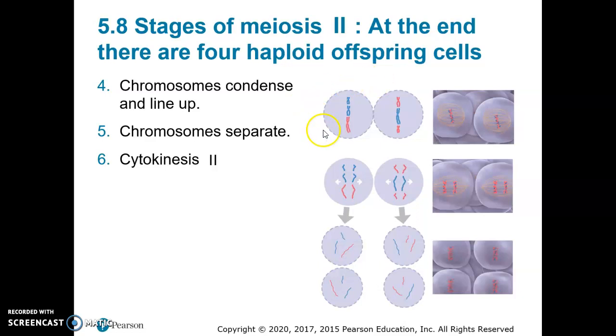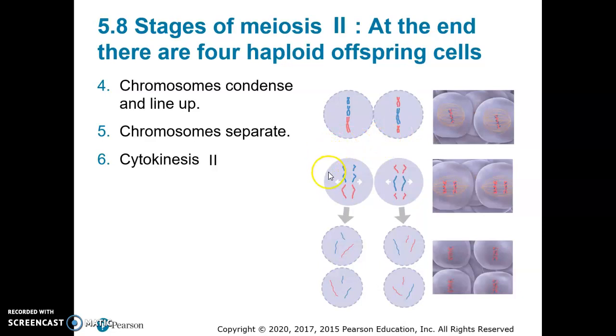So here's metaphase 2. Chromosomes line up right down the center of the cell. Looks just like metaphase of mitosis. So compare this to your mitosis drawing, and you'll say, wow, that looks just like mitosis.